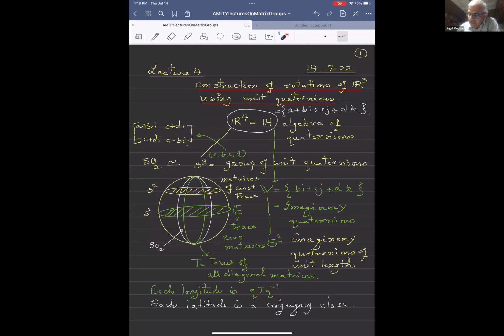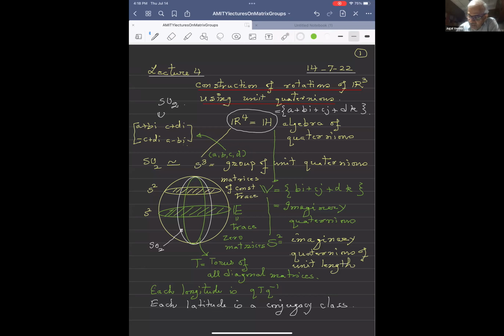If I take such a vector in S3 and take the corresponding matrix, that matrix turns out to be inside SU2, because the determinant of this matrix is a² + b² + c² + d², which is equal to 1.